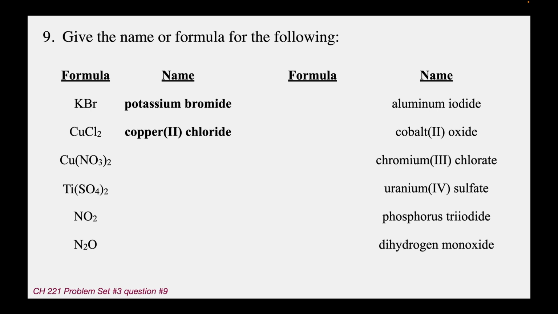Now, a hint that sometimes helps with these is something called crossover. Crossover does not work 100% of the time. I want you to know that right now. But it does work more than 90% of the time, which means it can be kind of helpful, especially when you're learning. The 2 of the chlorine, you can put it on the copper, and there's like an invisible 1 by the copper. There's 1 copper atom. You can put that by the Cl.